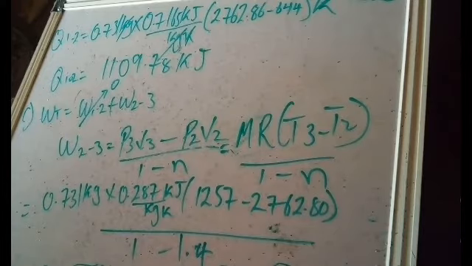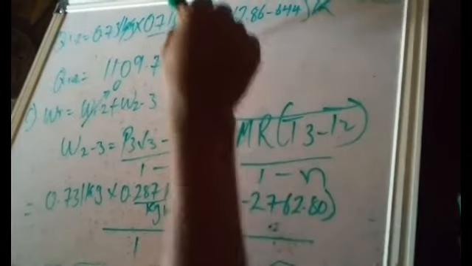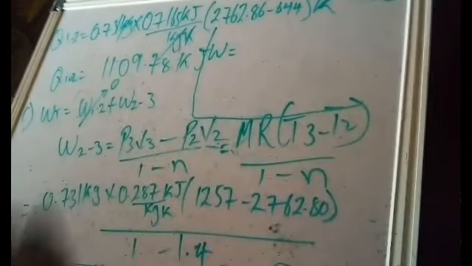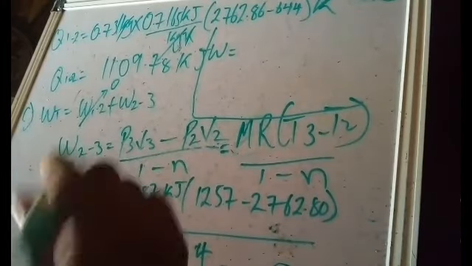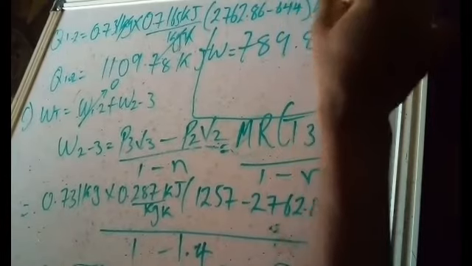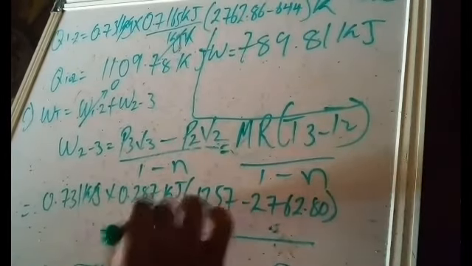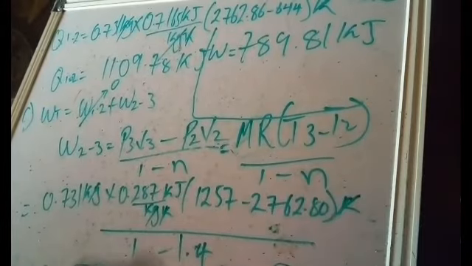But when we add 273.17 to it, we get it in Kelvin, in this form here. So our work done for this process 2 to 3 becomes 789.81 kilojoules. The kilogram cancels kilogram, Kelvin cancels Kelvin, so kilojoule is left.